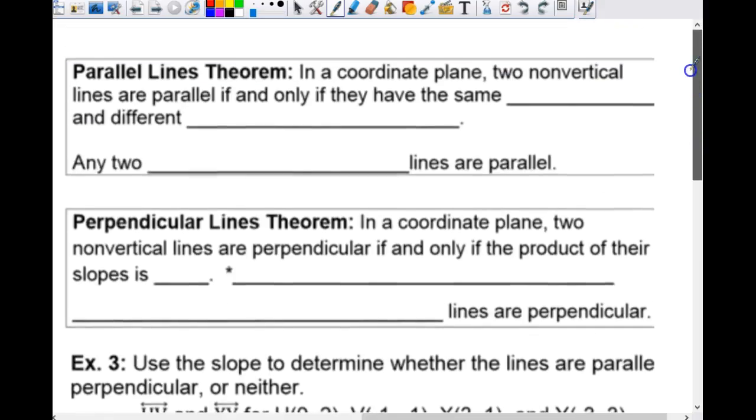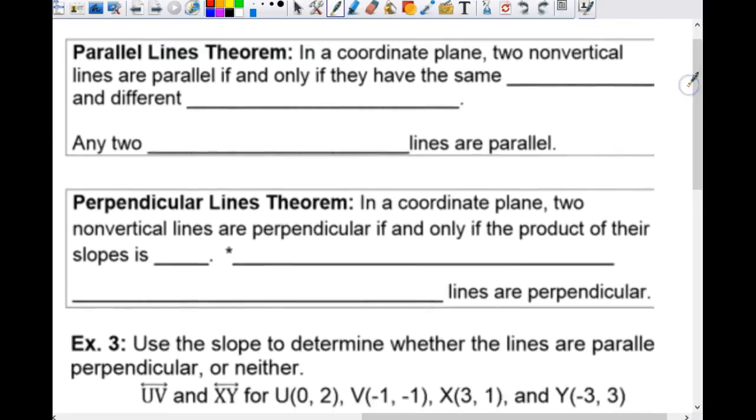All right. Now we're getting into the actual lecture. Everything beforehand was a review. Now we're going to do the actual part of this lecture. This is, I think, new for you guys. Parallel lines theorem. In a coordinate plane, two non-vertical lines are parallel if and only if they have the same blank. Vertex?